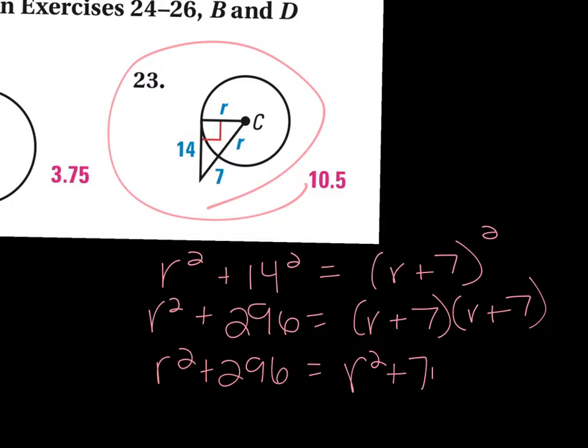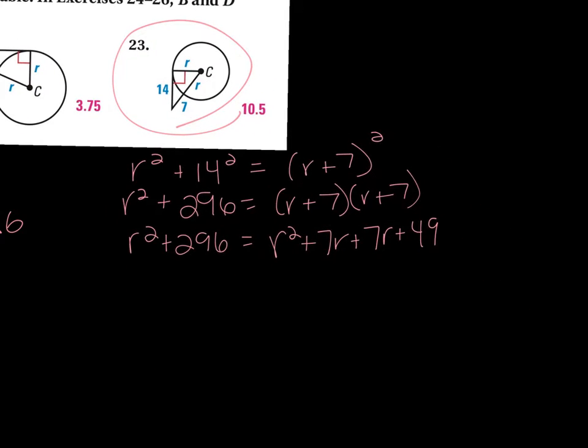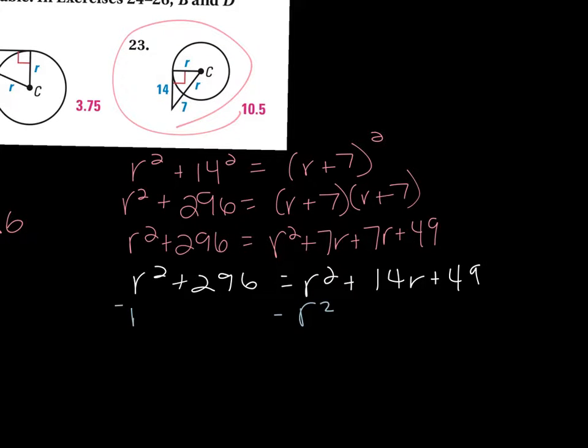R squared plus 7r plus 7r plus 49. Let me combine my like terms first. R squared plus 14r plus 49. Subtract the r squareds. They're going to cancel. 196 equals 14r plus 49.